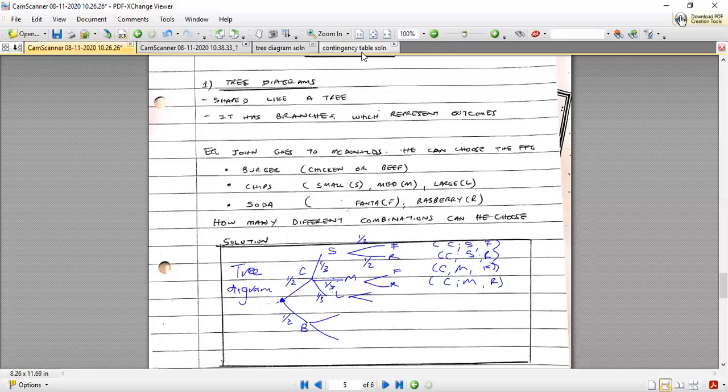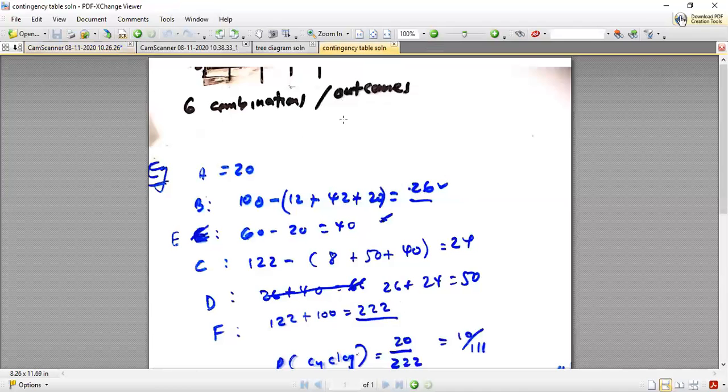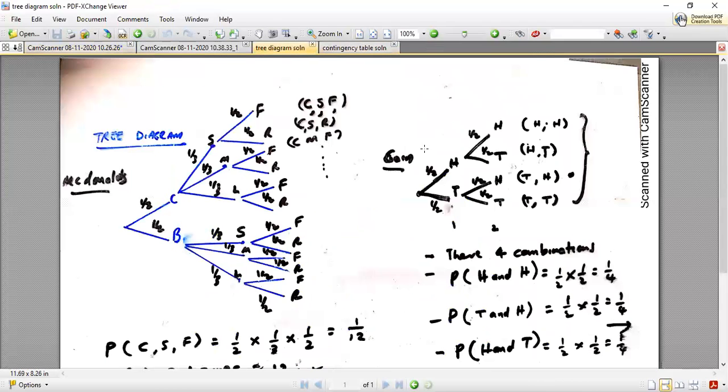If we look at how we would sort this out, here it is. You look at it and see that the branches are developed. Down here we have the beef burger, small chips and the Fanta, beef burger, medium chips and a Fanta there.